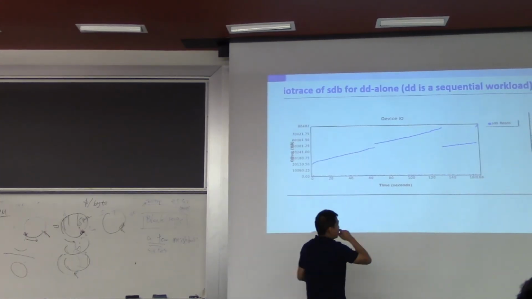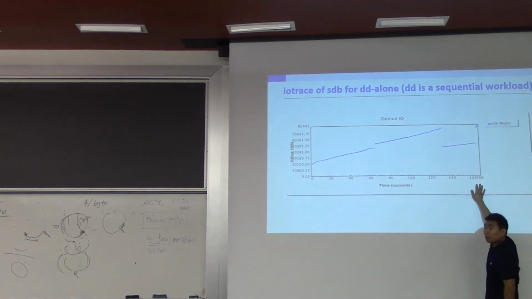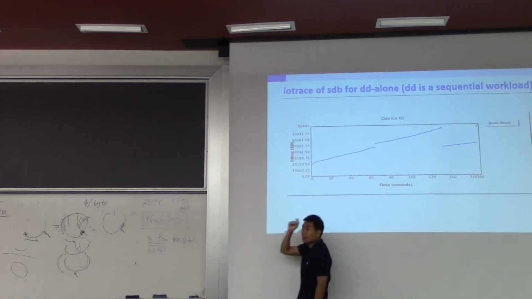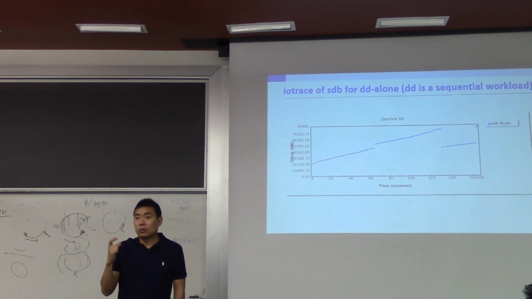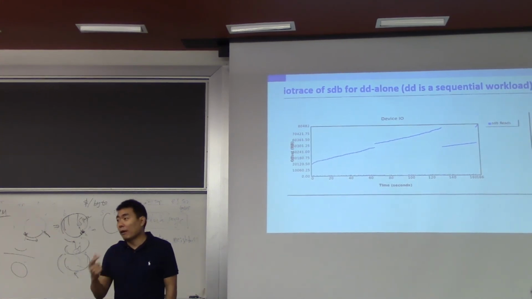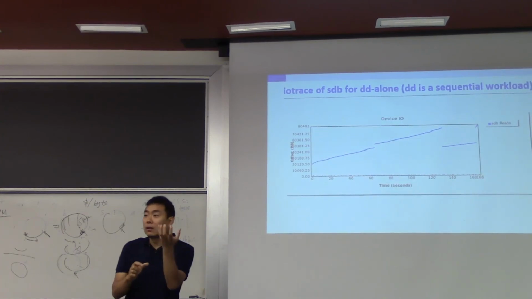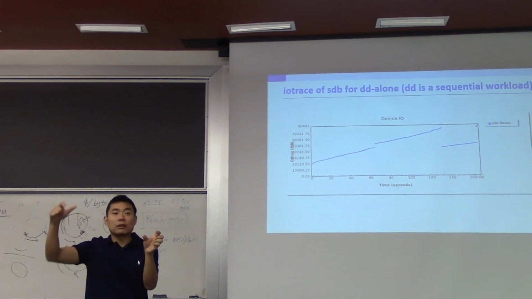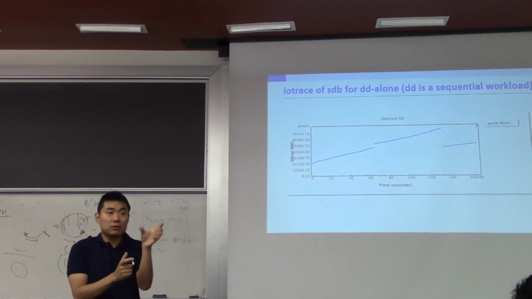So how do you understand this picture? Here, the x-axis is the time, in a cumulative sense. The y-axis represents the location of the block you're reading from in terms of offset. Let's say offset is calculated with respect to some base address on your hard drive. So this is 0, this is 1, this is 2. So basically it's a value indicating how far off you are from that base block.